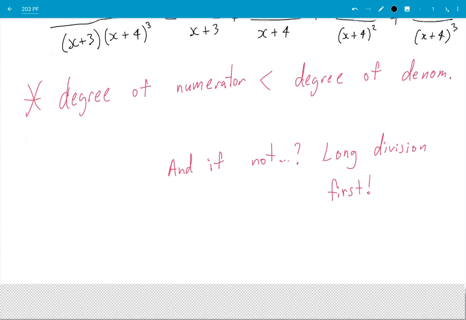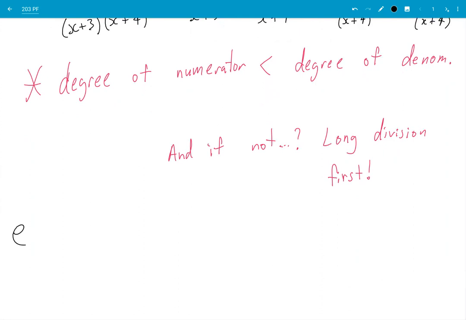Okay. So let's do some long division. So that's my example here. x cubed plus x minus 1.